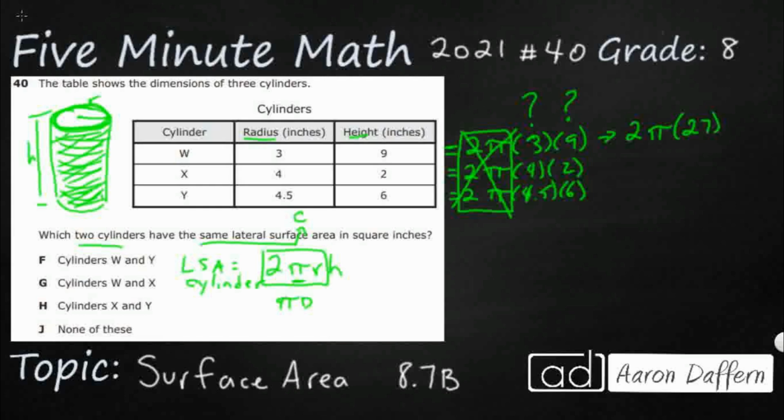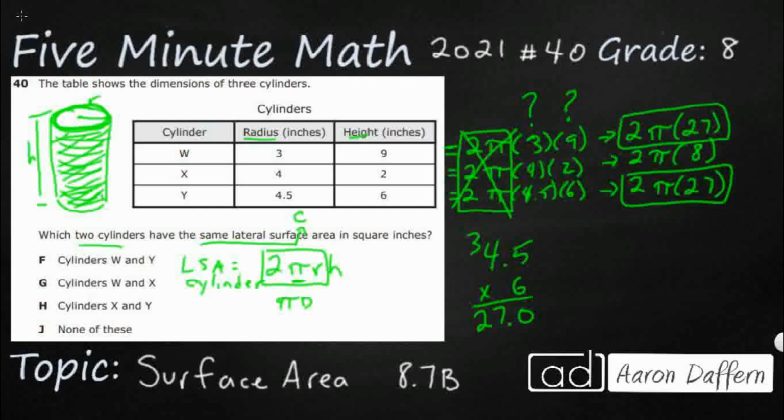All right, so now I need 2 pi, and that's going to be 4 times 2 is 8, and then this is going to be 2 pi, 4.5 times 6. I could use my calculator, but let's just work it out here. That's 24, 27.0, or 27. Look at that.